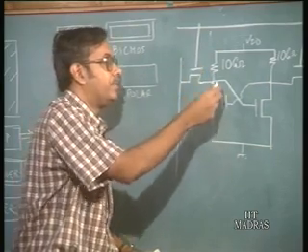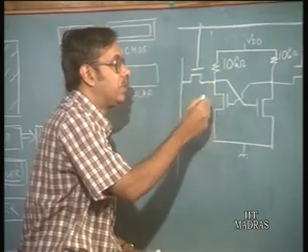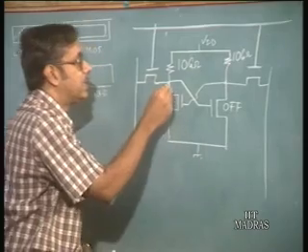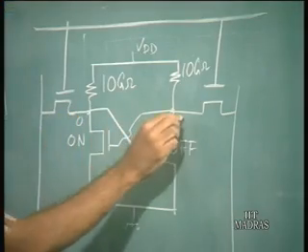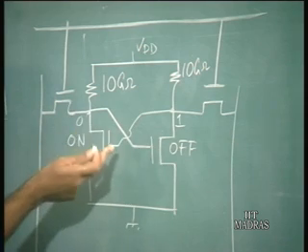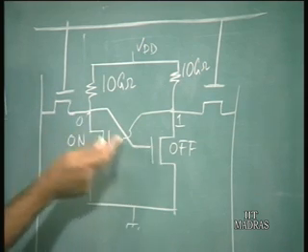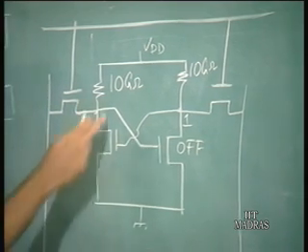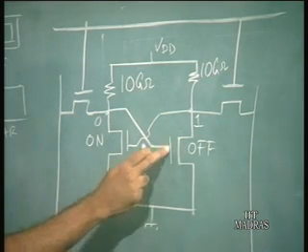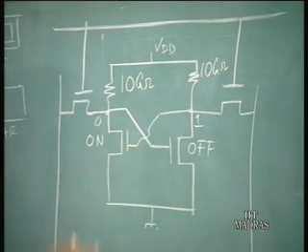So, if you have a particular configuration where this is on and this is off, then this is off means this is logic 0, and this is off means this is logic 1. So, this output of this inverter is 0, so this goes here, so this is off, which means that this is 1. And this is on.